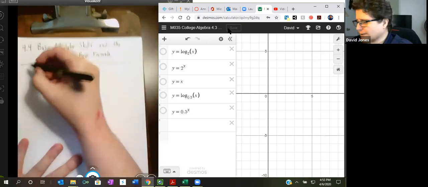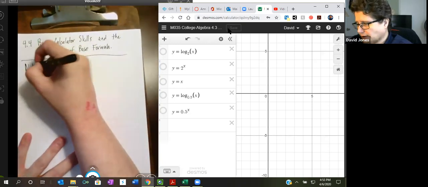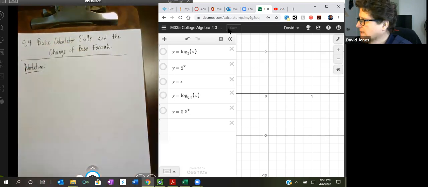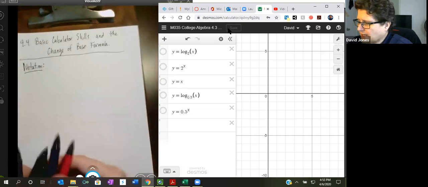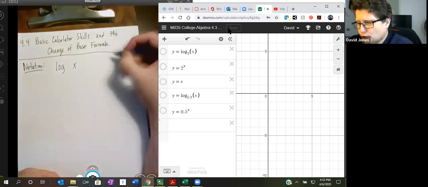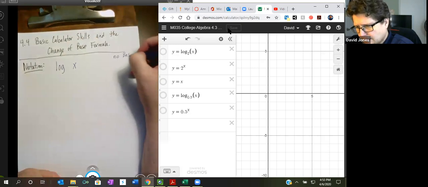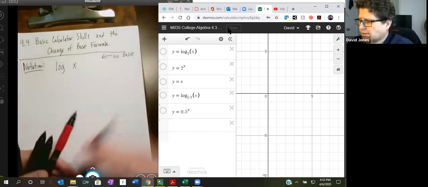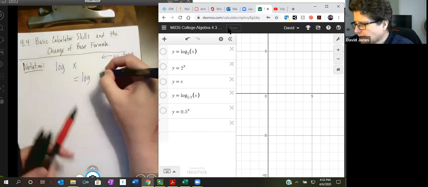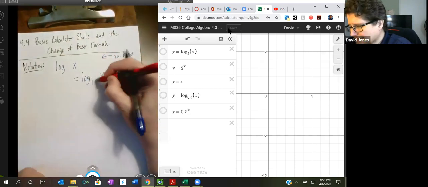So let's start off with some notation. If you see log x and there's no base, what this means is this is log base 10.